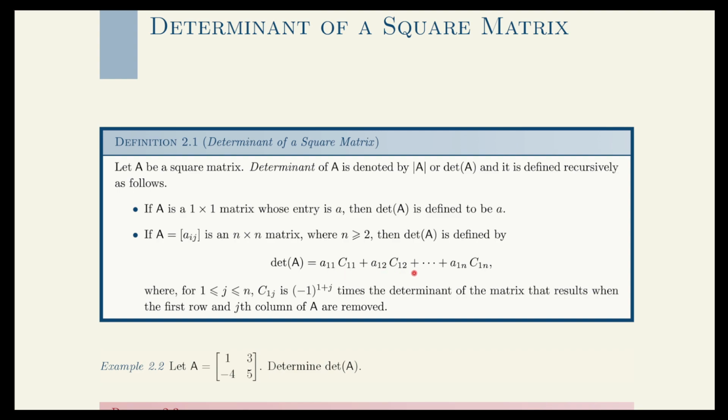These a's that you see here are the entries of my matrix sitting on the first row, because you see that the row index for all of them is 1, 1, 1 up to the end.